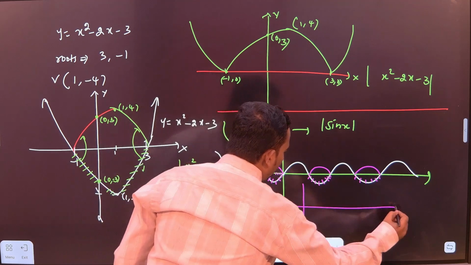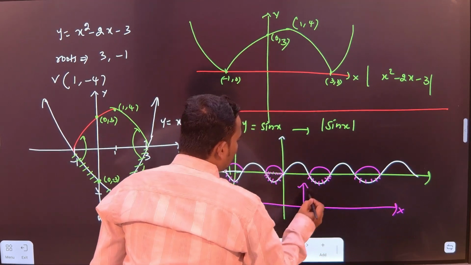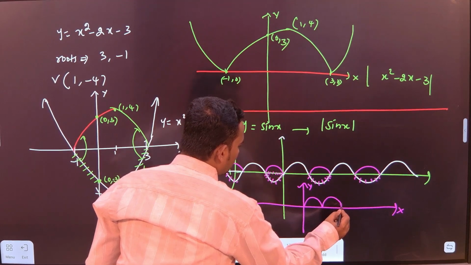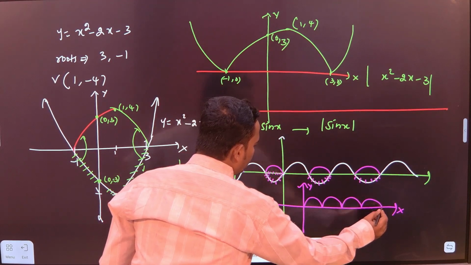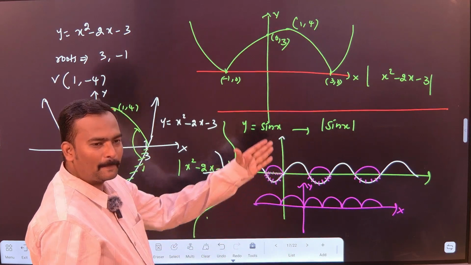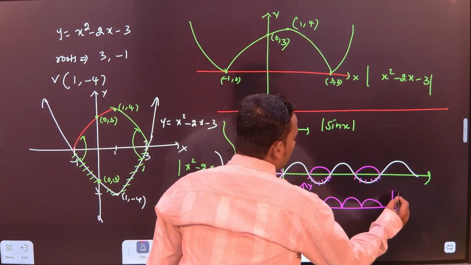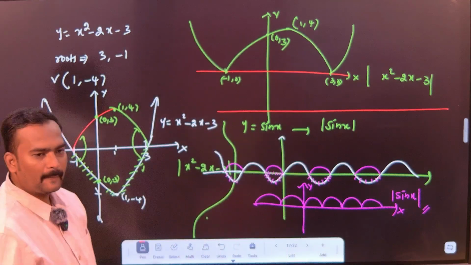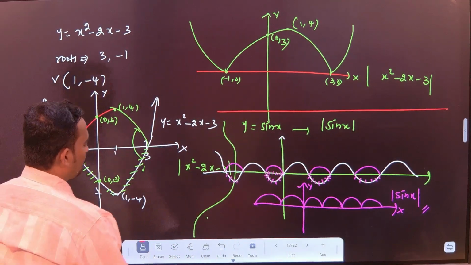The graph will be like this, right? So, this is your mod sin x graph. Clear? Okay, we will go for the next question.